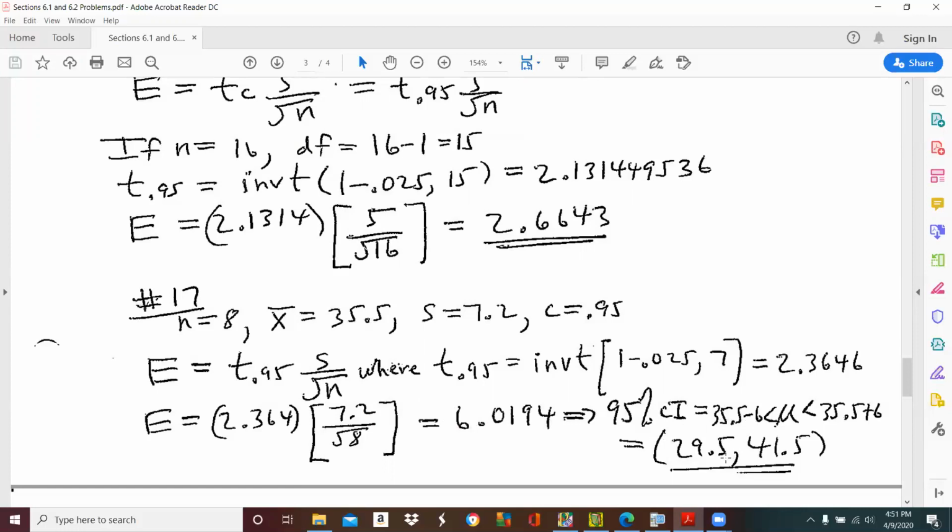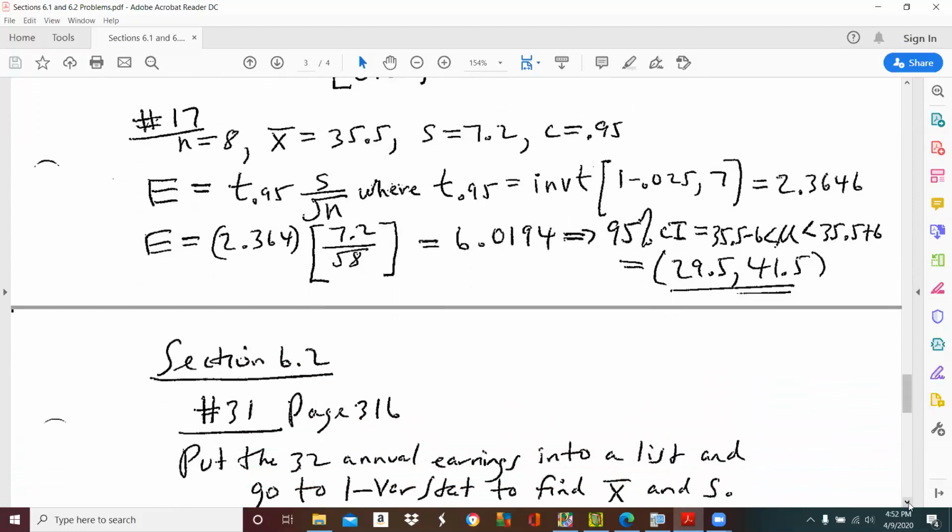I get 29.5. And on the right, the mean plus the margin of error, 35.5 plus 6, I get 41.5 as the right endpoint of the 95% confidence interval. So this is it right here.